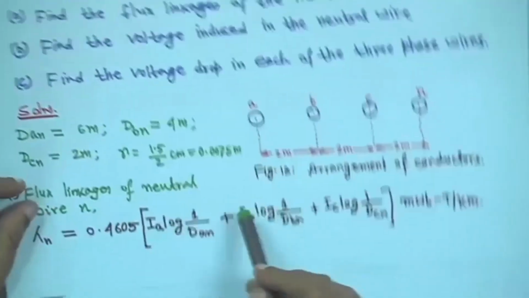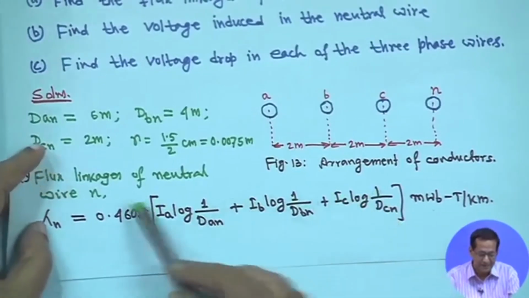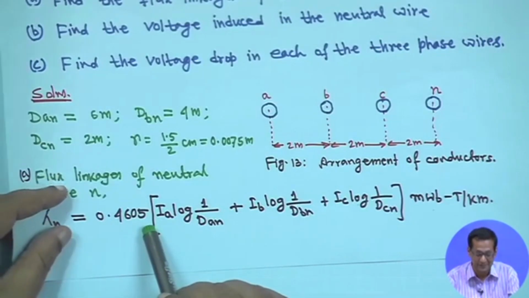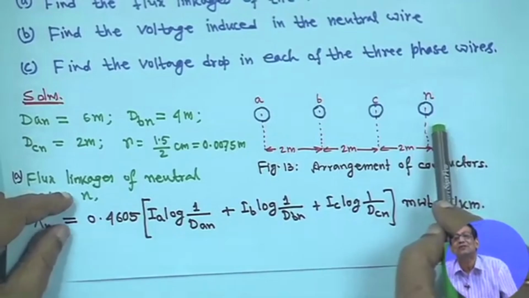Now, the flux linkages of neutral wire N, we have discussed the theory in the earlier discussion also. So directly you can write that the flux linkage of neutral, lambda N, is equal to 0.4605, since your objective is to find the flux linkage with that neutral conductor.